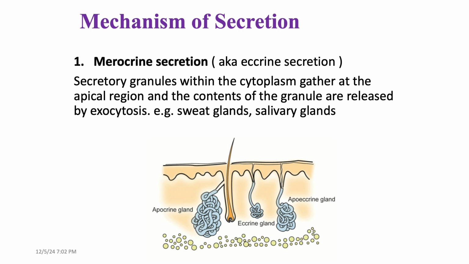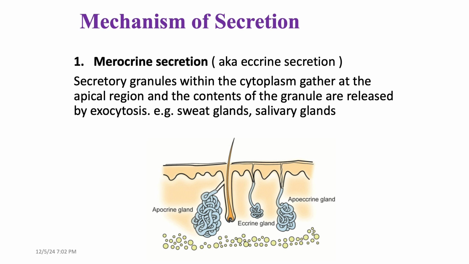Now the glands can also be classified according to how they secrete. Okay, so you can have a merocrine type of secretion, and the secretory granules within the cytoplasm will gather at the apical region, okay, sometimes by exocytosis, and then it goes to the surface.